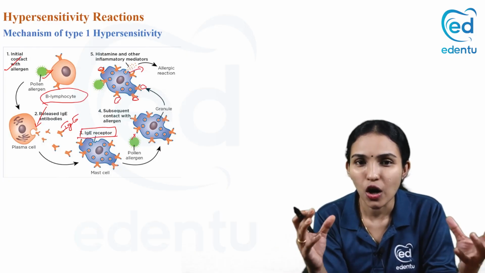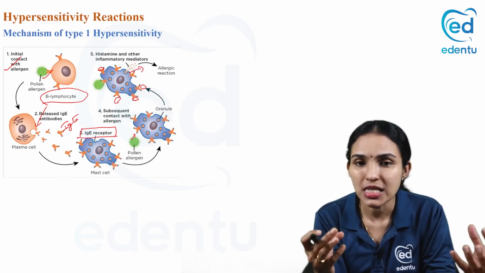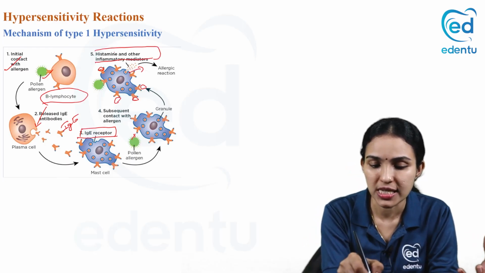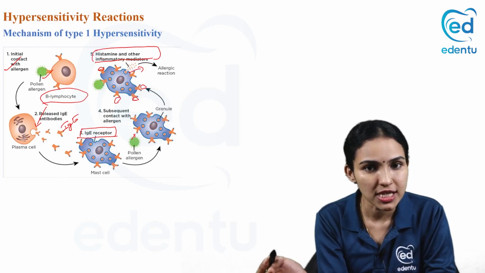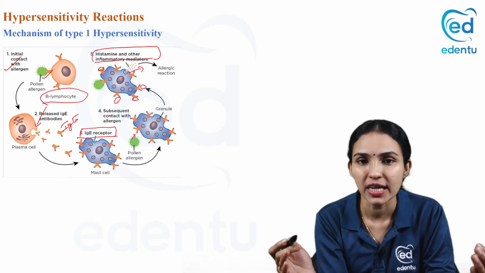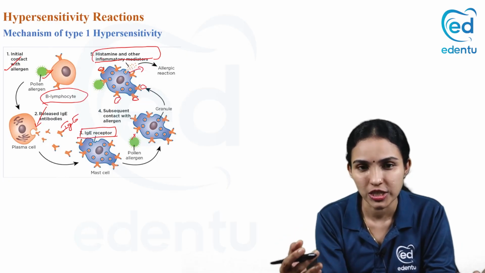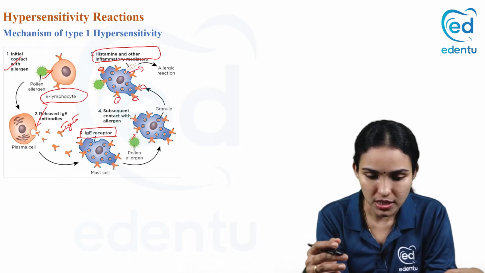All the granules stored inside the mast cells will be released, and these contain the allergic mediators, which are histamine and other mediators which mediate allergy. Those mediators come out into the blood and elicit the allergic reaction that we see: itching, rashes, redness, wheezing, all kinds of allergic reactions.